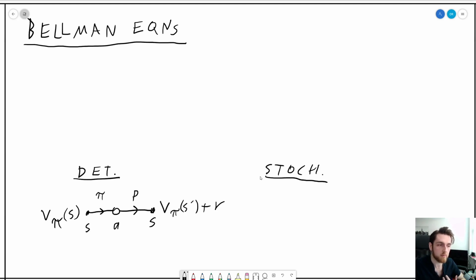So in the stochastic case, we now have to deal with there being multiple possible next states for the Bellman equation. So now we start from a particular state S, and the policy could take multiple different actions in this state. And then from each of these actions, these could go to multiple different states.